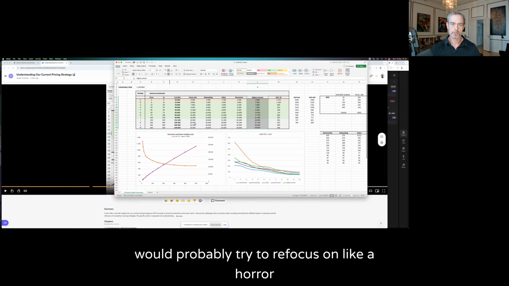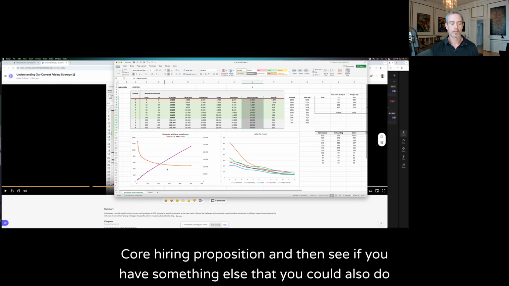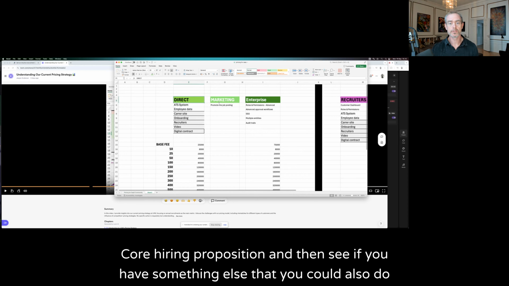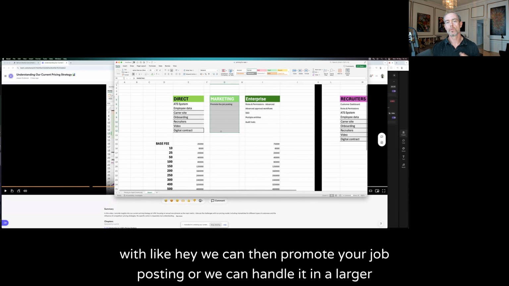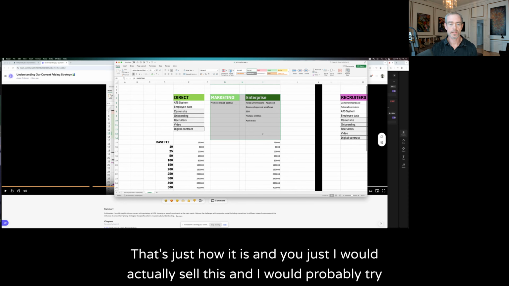And I would probably try to refocus on a core hiring proposition, and then see if you have something else that you could also do, like, hey, we can then promote your job posting, or we can handle it in a large organization. And maybe you don't have these two tiers now. That's just how it is.